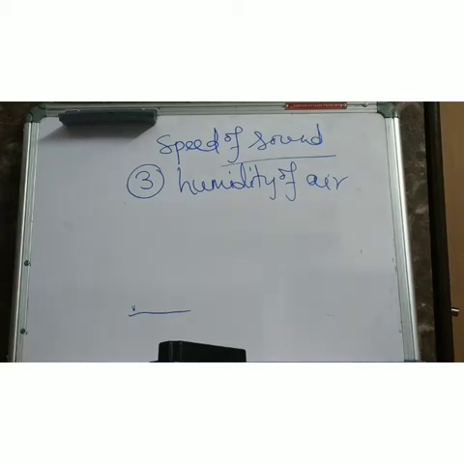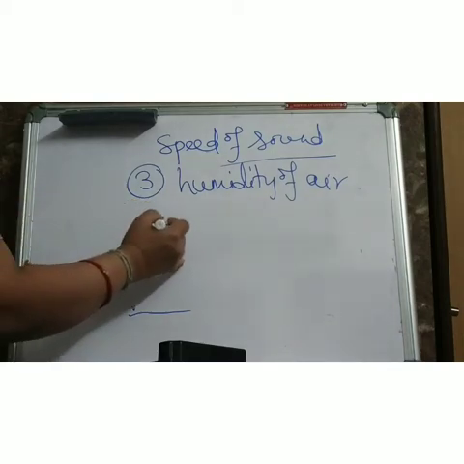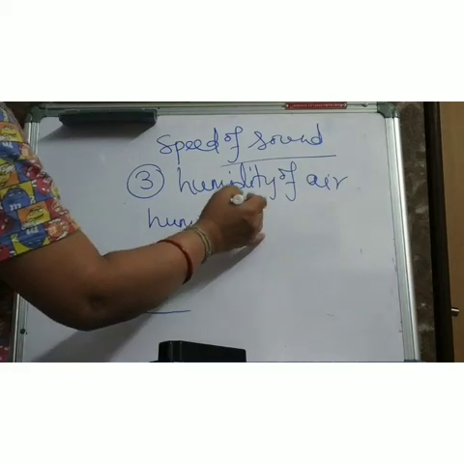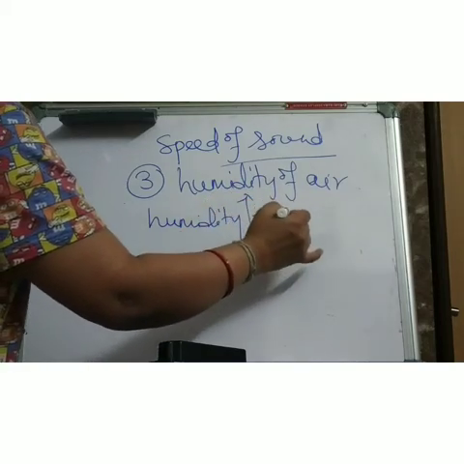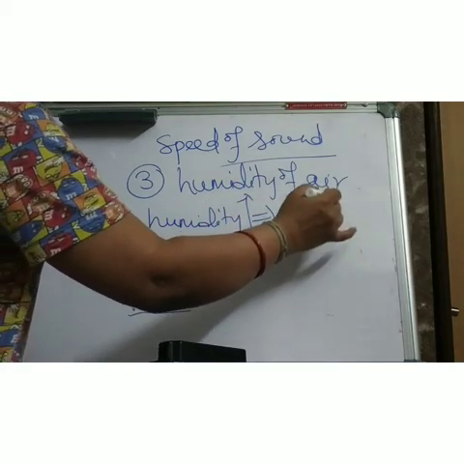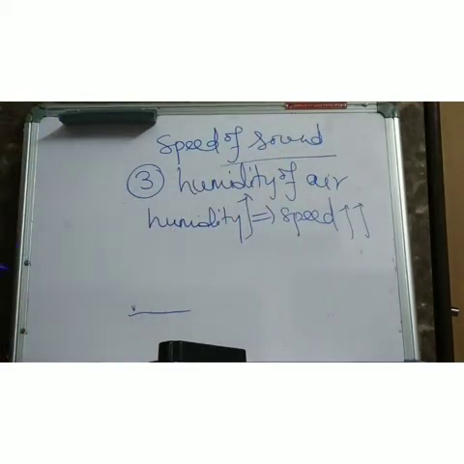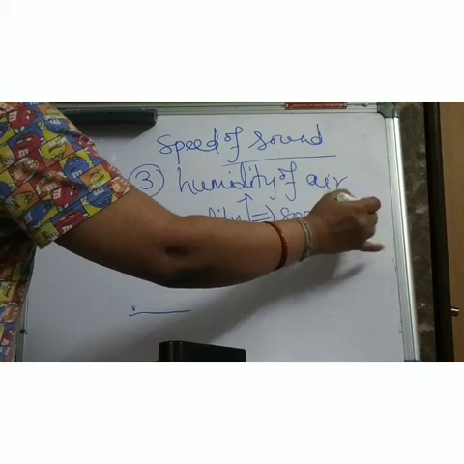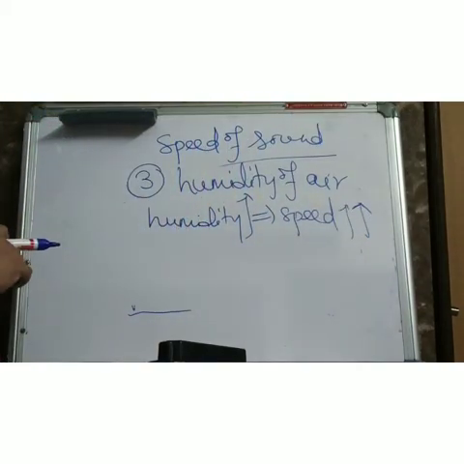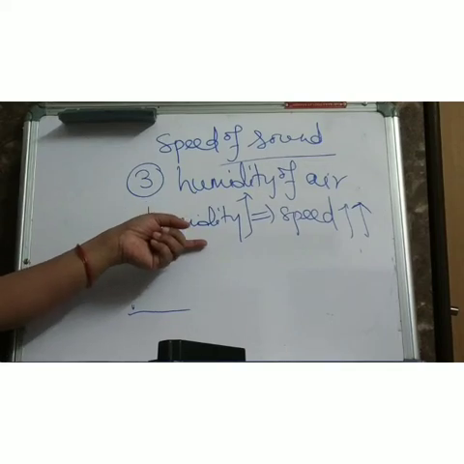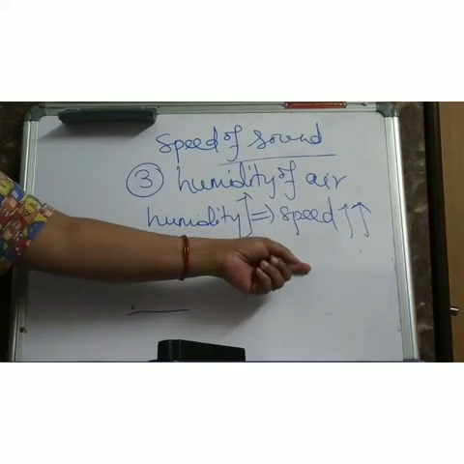So if humidity increases, then speed also increases, because water particles are there and we have already studied that in liquid the speed of the sound is faster. So if humidity increases, then speed also increases.